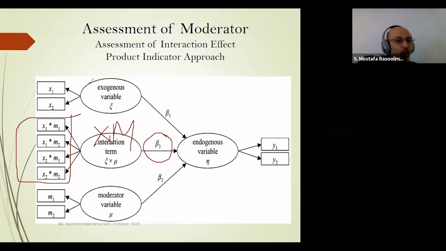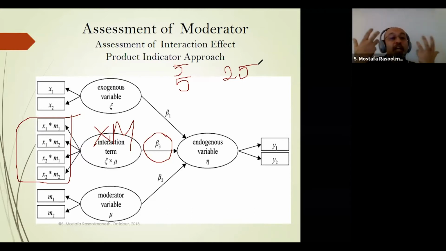For example, if your IV has 5 items and your moderator has 5 items, the interaction effect will have 25 items. So this is the product indicator approach to create the interaction effect.